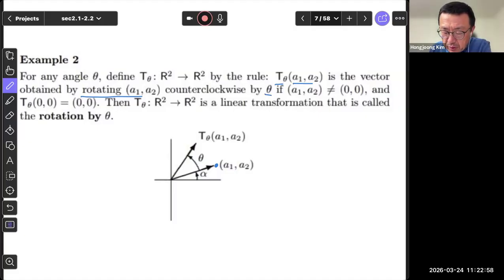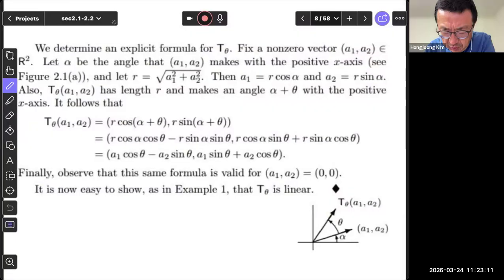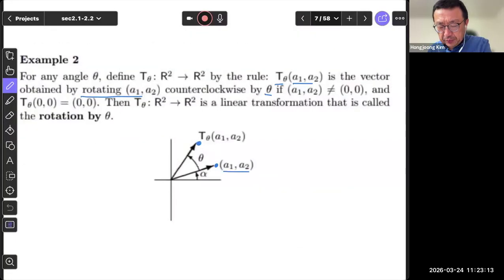So this is the image of the previous a1, a2 point. Then this mapping will be a linear mapping. And this will be a linear transformation. We will call this the rotation by degree theta.